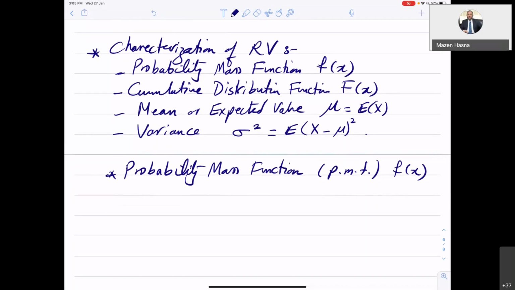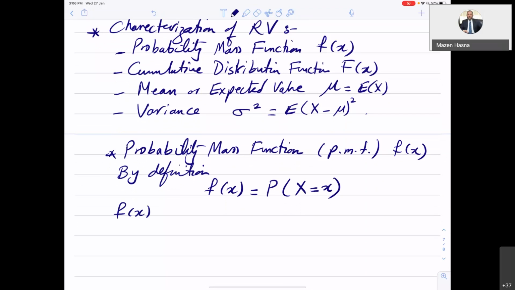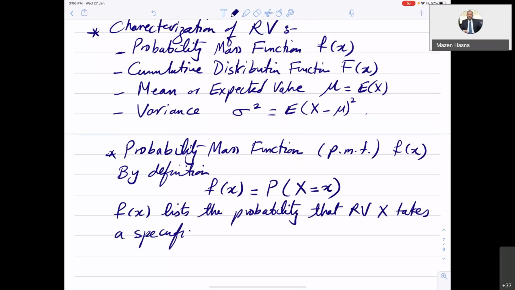This is just, by definition, f of x is the probability that my random variable X takes a specific value x, which means that f of x lists the probability that random variable X takes a specific value x.